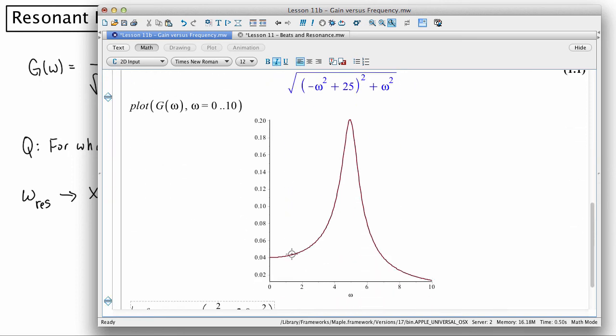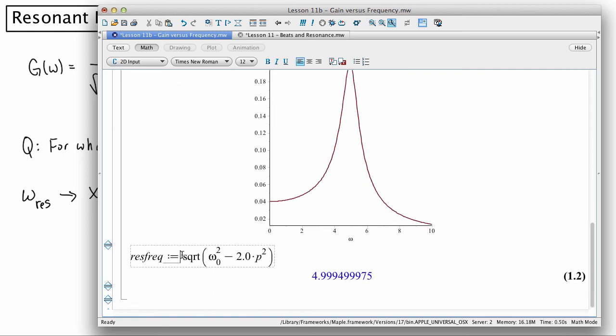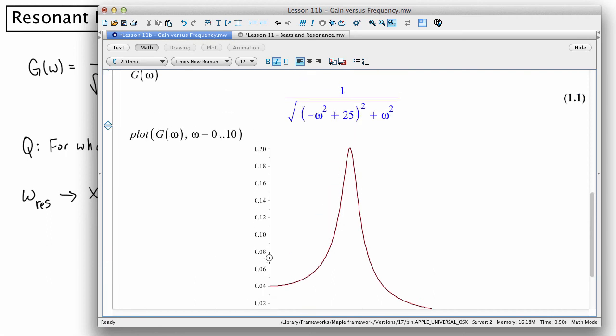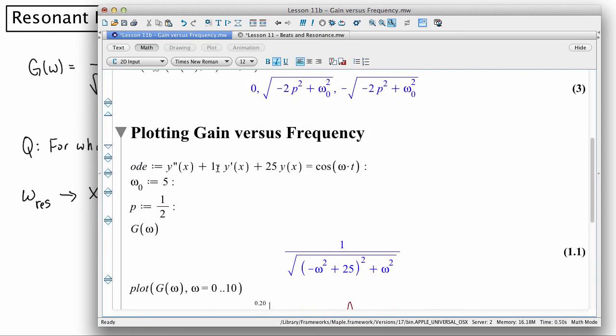If you remember the previous, 0.2 was the amplitude of the oscillation for most of the time, and then it got up to a spike of 2 near 5. But here it's only spiking at about 0.2. And the resonant frequency is actually a little bit further away from 5, closer to 4, at 4.94.